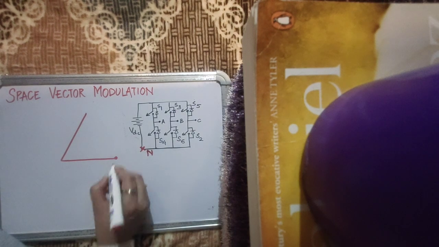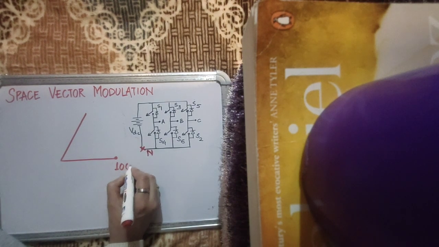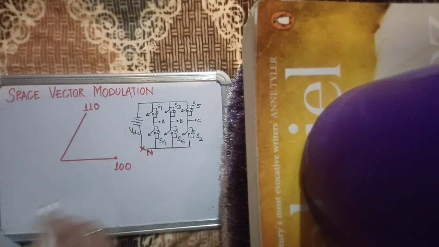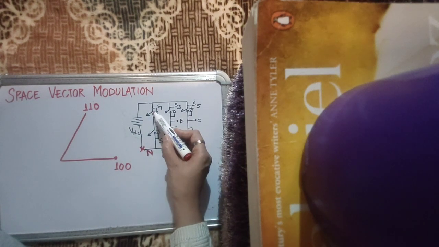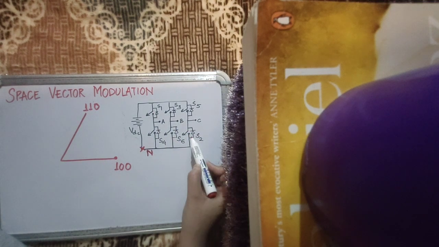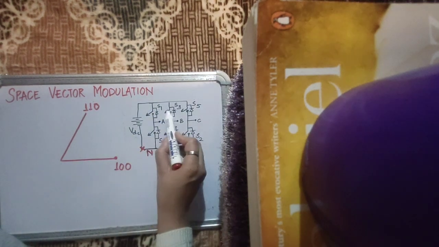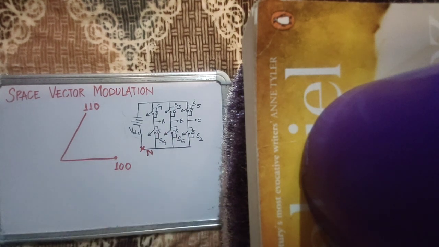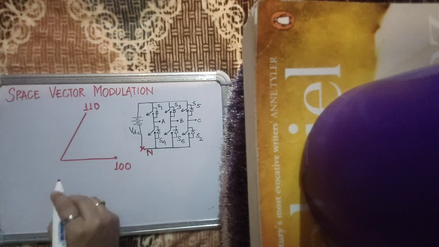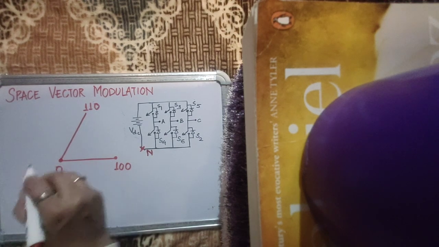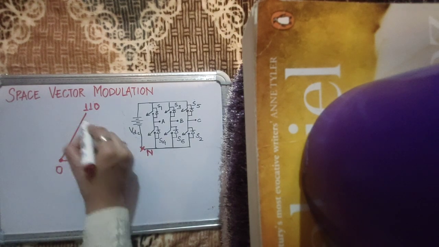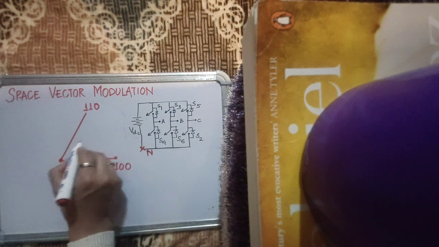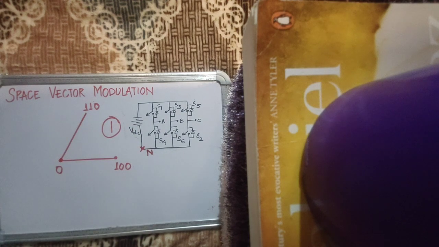It is enclosed by the state 1 0 0 and 1 1 0. 1 0 0 means this is on and these two are off, and 1 1 0 means these two are on and this one is off. So these two switching configurations can give me a space vector at any position in between, at this position. This is the first vector of the first sector of the space vector diagram.